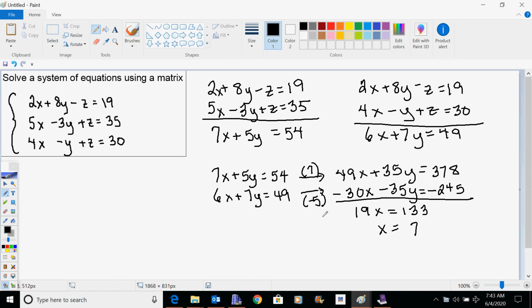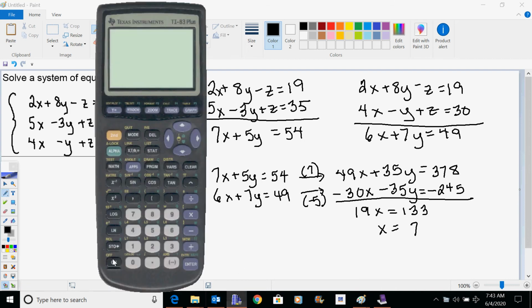It'll eliminate the y's. And then when you multiply everything, and you put them together, and you divide this out, we end up with x equaling 7, which does match what we got on this one. Let me go back here. X equals 7.